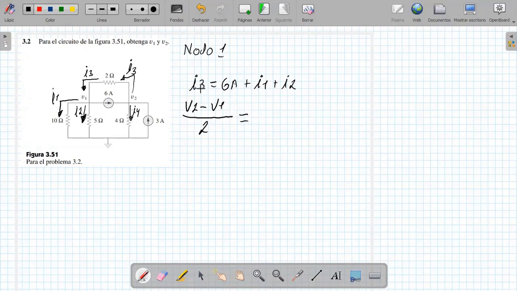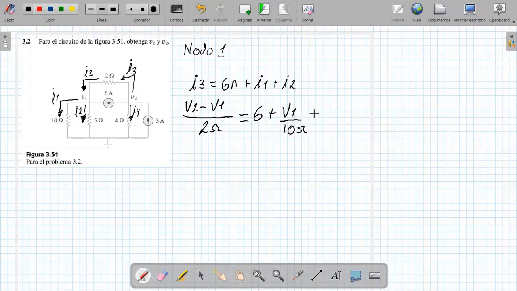Remember that I3 is what represents the current, and I3 is the voltage over the resistance. Then I1: notice that it has this direction, because the voltage V1 would be over 10 ohms, right?